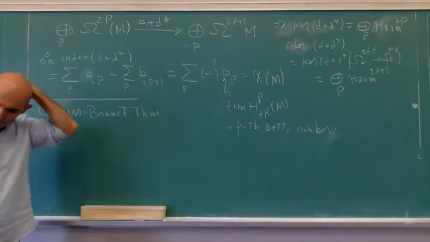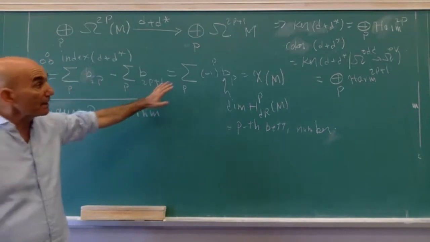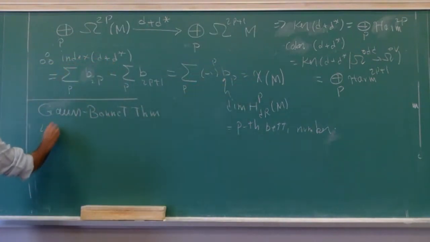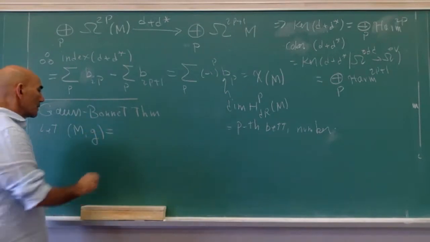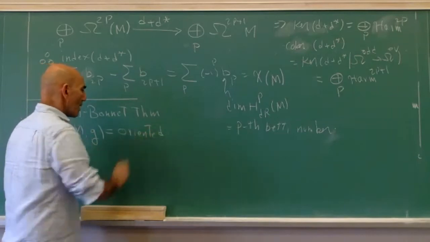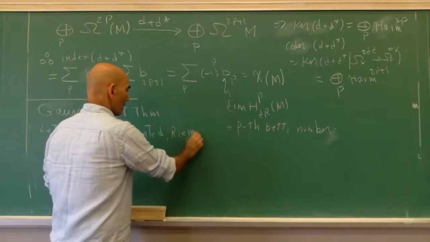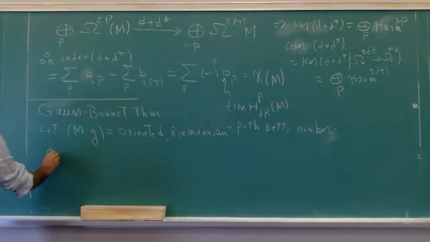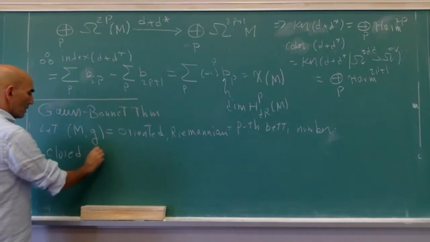It's a classical result of differential geometry. So what does this result say? The setting is exactly what we have over there. So assume M is an oriented Riemannian closed manifold.